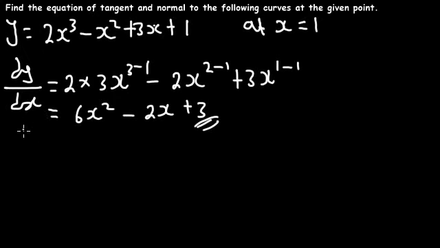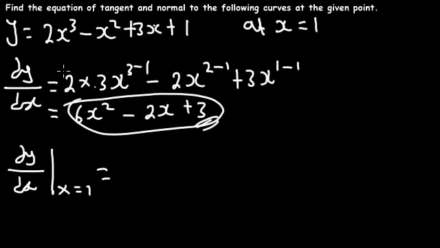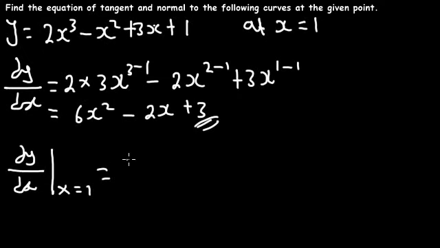Now to determine the gradient m, or the slope of this curve at x equals 1, that will be dy/dx evaluated at the point x equals 1. That will be plugging 1 into this entire expression: 6 multiplied by 1 squared minus 2 times 1 plus 3.